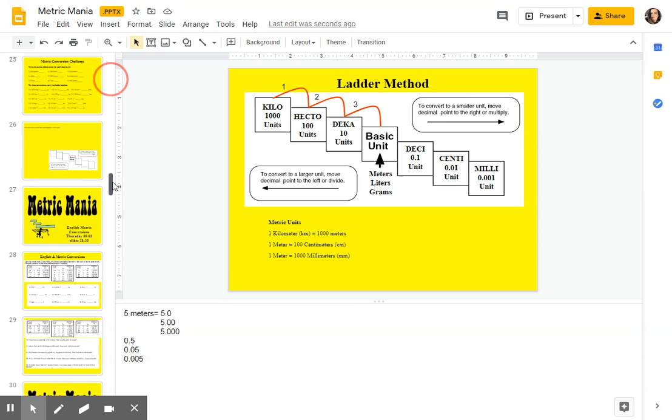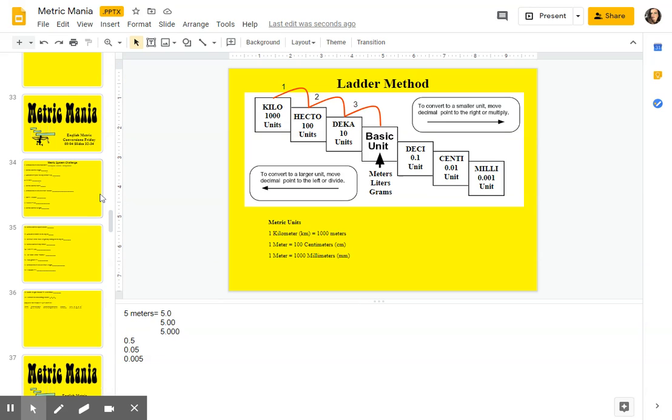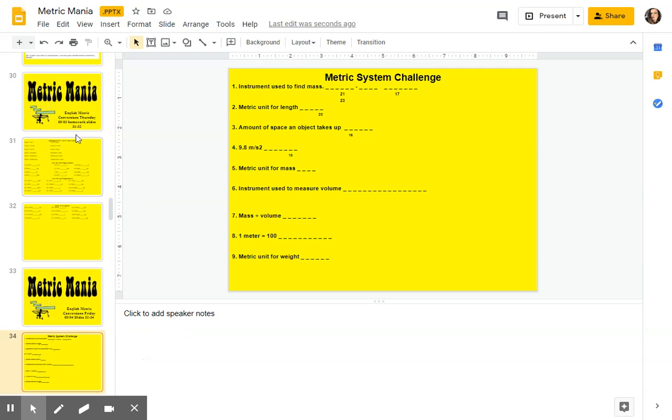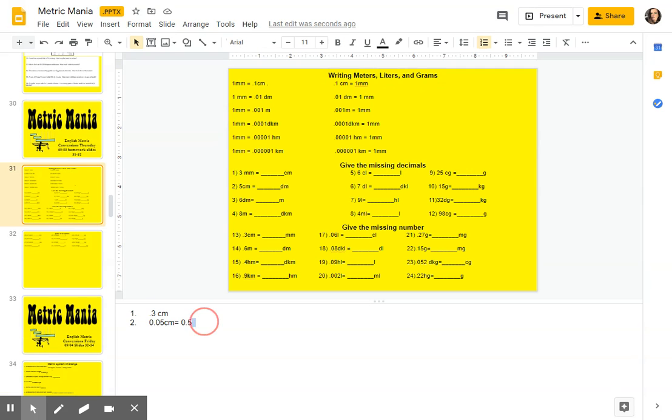So we're going to say dm. Decimeters is dm equals. So we're going to move it up to the basic unit, which makes it 5 meters. Then we're going to make it bigger by saying a decameter. So now we're going to say 5 times 10 makes 50 decameters.